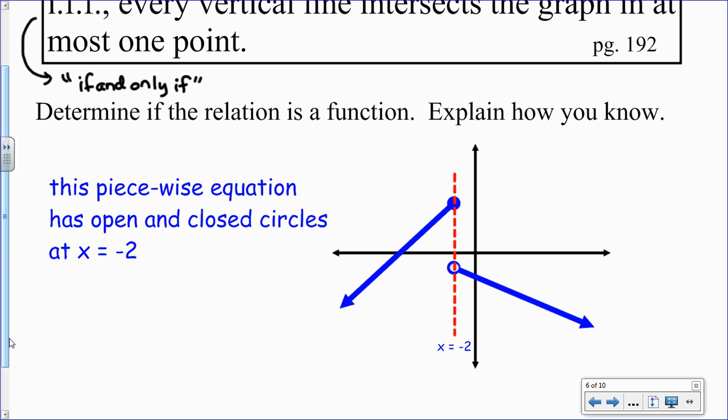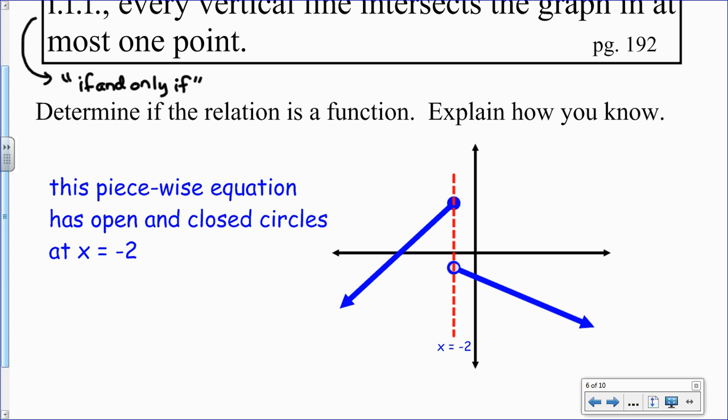So if I look at this piecewise function, the graph is what's in blue, and here's my vertical line. No matter where I draw a vertical line, here it goes through once. Over here, just once. The only place really in question is this one right here, where it goes through both of those.